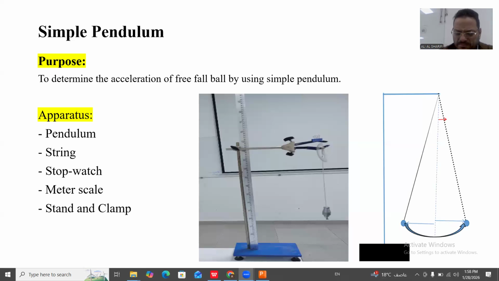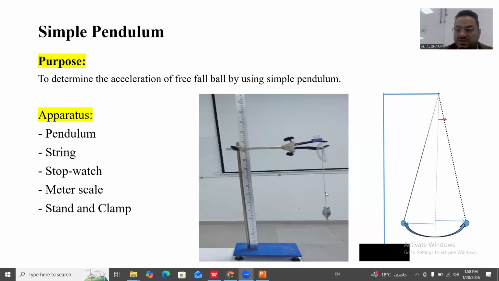What I mean by saying a free fall ball is that this mass is connected from a specific point at the top, and it can move freely from any point if we apply a force on it. Here, this point is the equilibrium point.